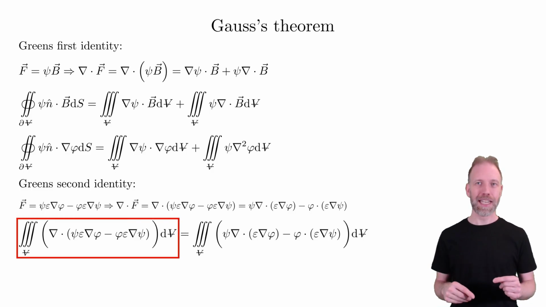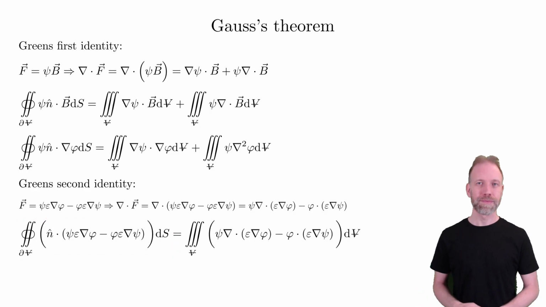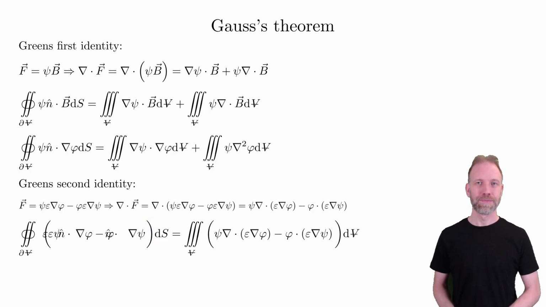The left-hand side can be rewritten as the surface integral. Then place the scalars in front. This is Green's second identity.